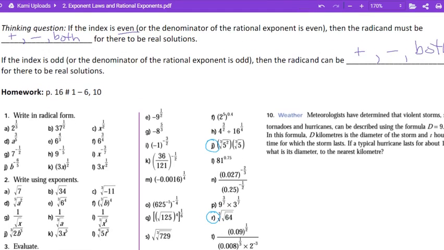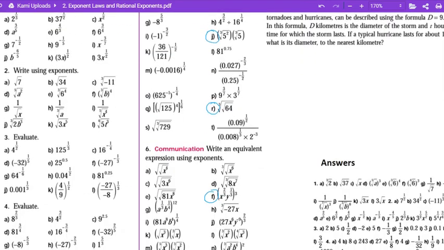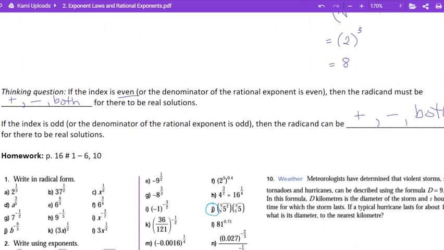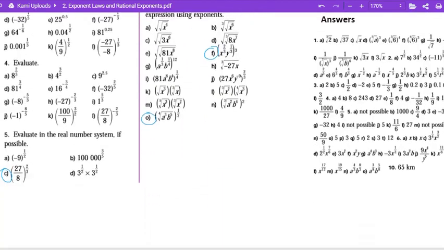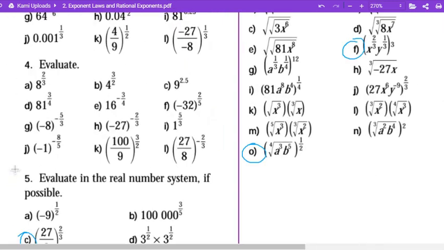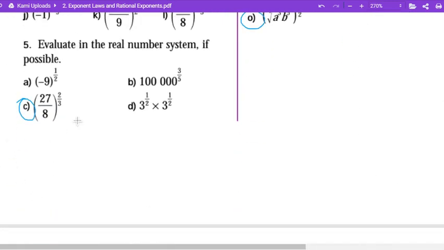Okay, a few more things. I wanted to look at a few homework questions, okay, before you get started. So let's look first of all at question 5C. So when I have a quotient with an exponent, that means both numerator and denominator get the exponent.